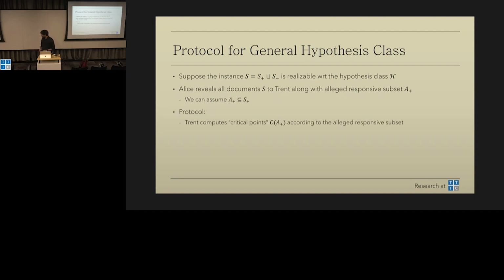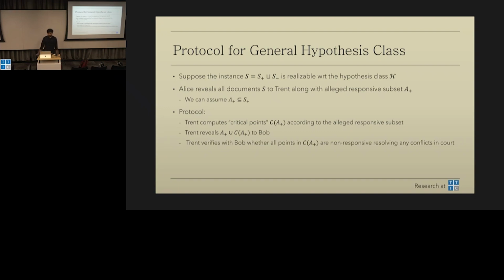So Trent computes critical points. The first part, or the outer protocol, is kind of a copy of what we did in D equal to 1. Trent computes the critical points, which we will define shortly, according to this responsive subset he has received from Alice. Then Trent will reveal all the points which are claimed as responsive by Alice and the critical points to Bob.